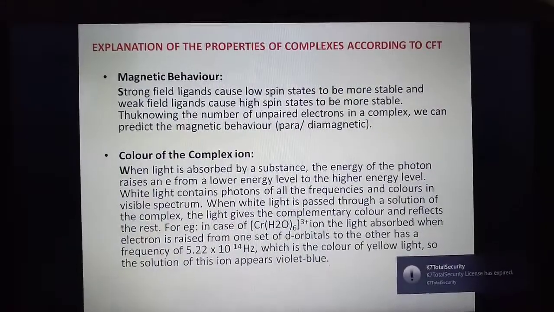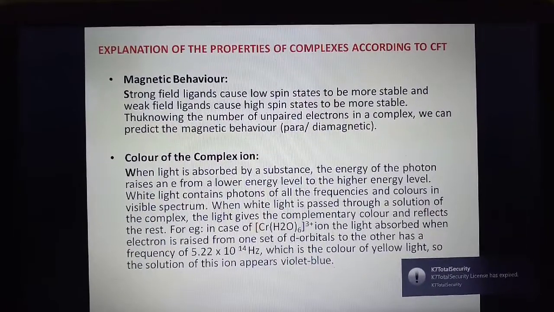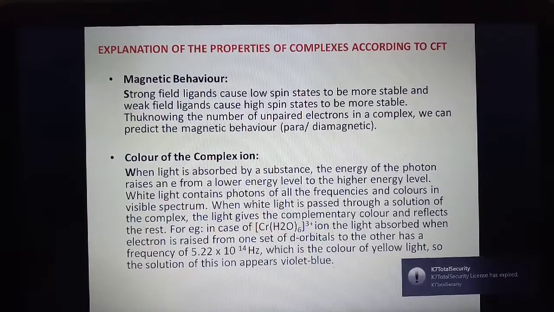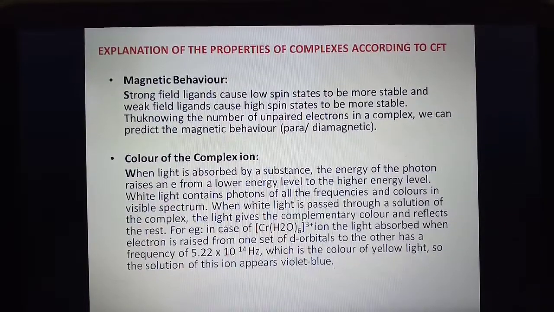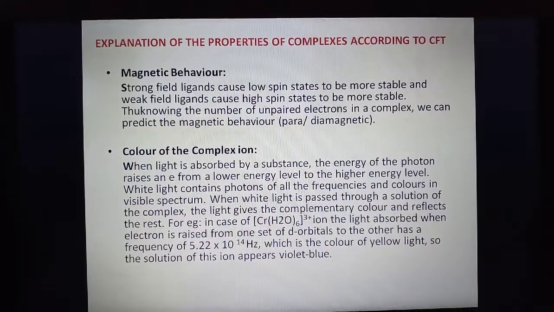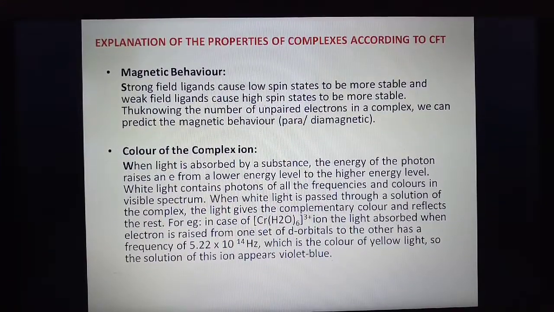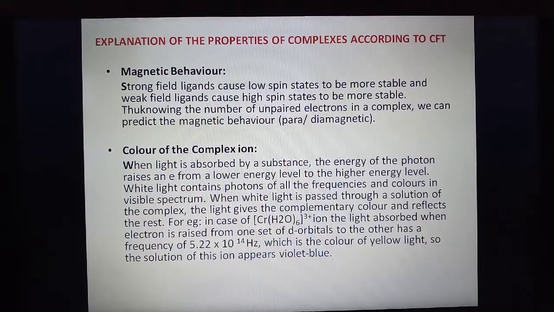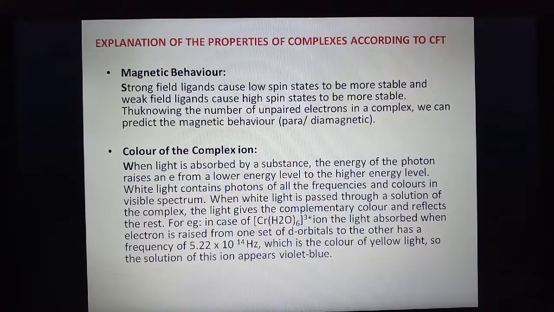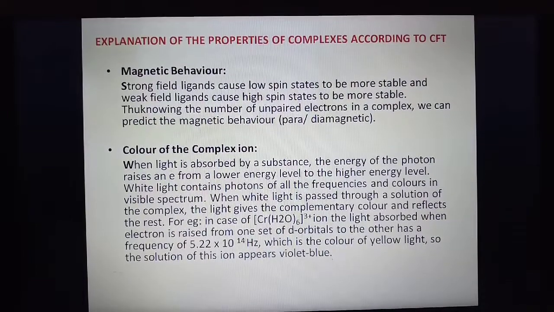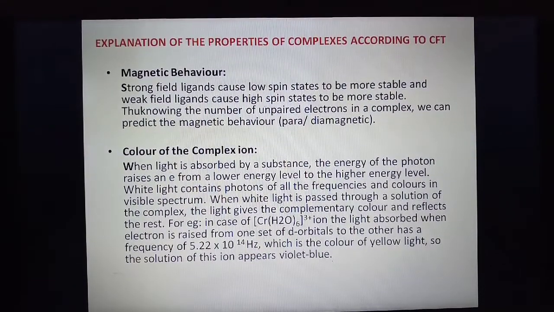If you know the number of unpaired electrons in the complex, we can predict the magnetic behavior, whether it is paramagnetic or diamagnetic. Regarding the color of the complex ion, when light is absorbed by a substance, the energy of the photon raises the electron from a lower energy level to a higher energy level. White light contains photons of all frequencies and colors in the visible spectrum. When white light is passed through a solution of the complex, the complex absorbs some light and transmits the complementary color.